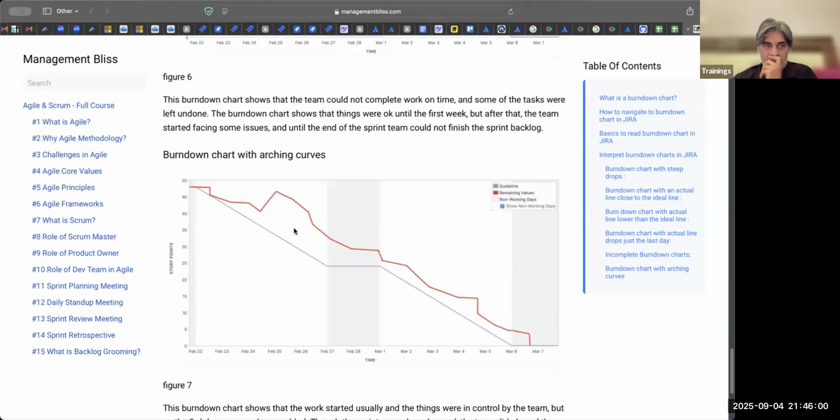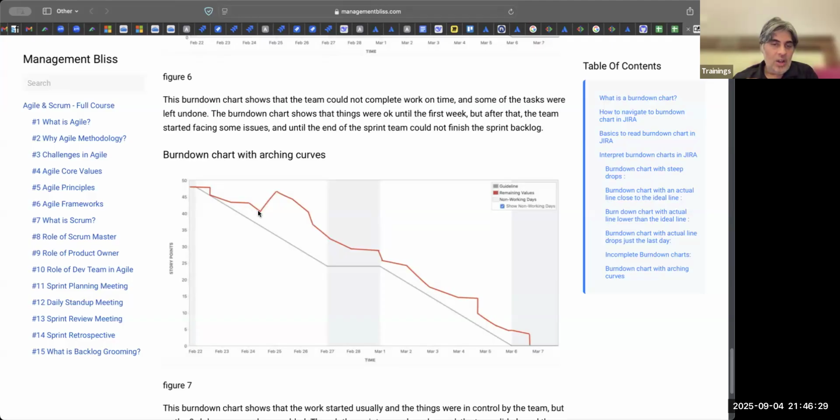This one? Yes. See, this is the ideal line. Now our red line is above it, which means we are slower than the ideal line. But still, if you look at the third day, there is a steep upward curve, which means till 24th of February, we had only 40 points to burn, which means from day 1 to day 3, we have burned 8 points of work.